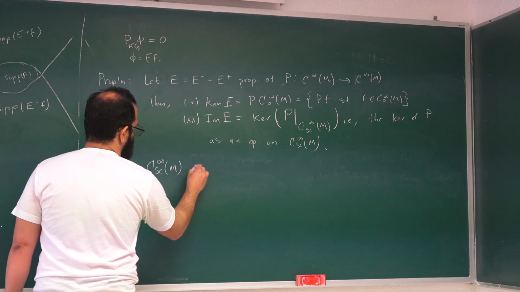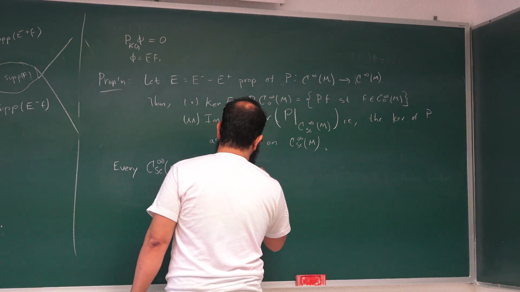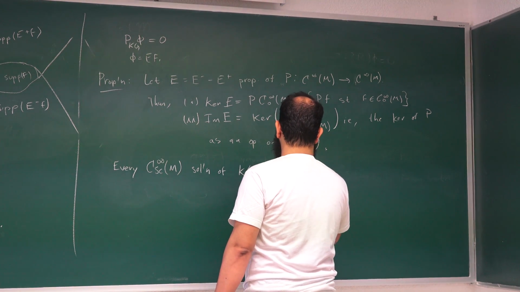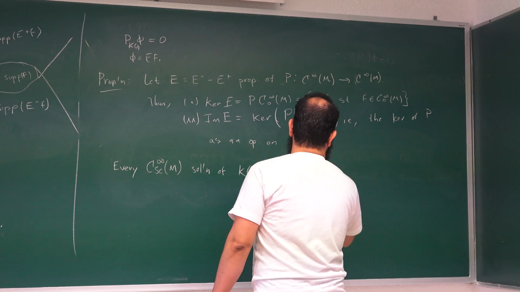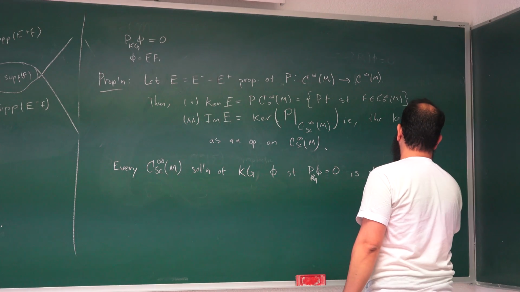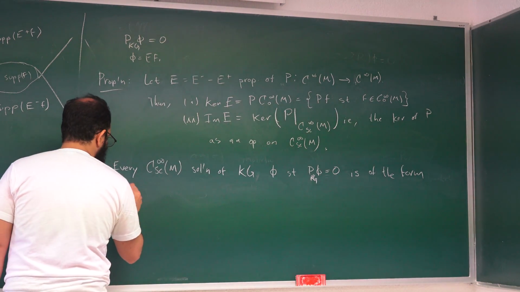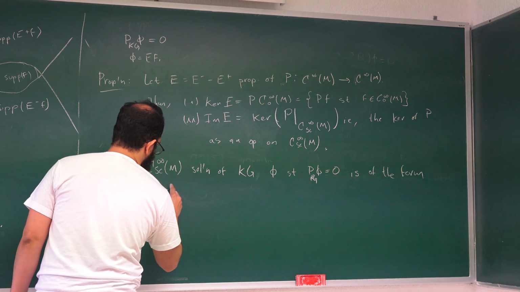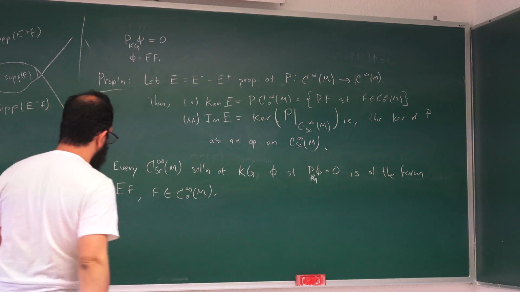spatially compact solution of the Klein-Gordon equation, phi such that P phi equals 0, is of the form E f with f a smooth function of compact support. Okay.